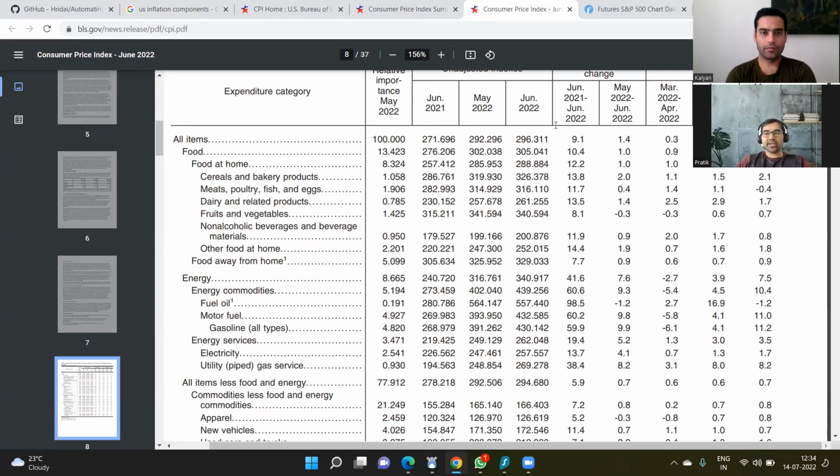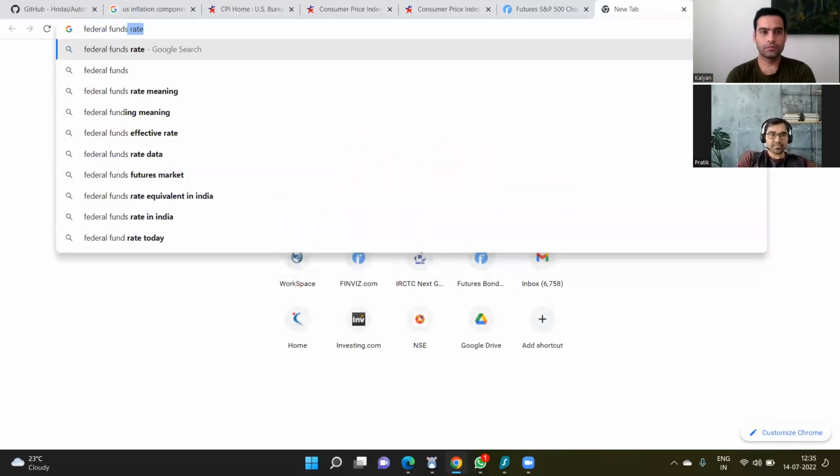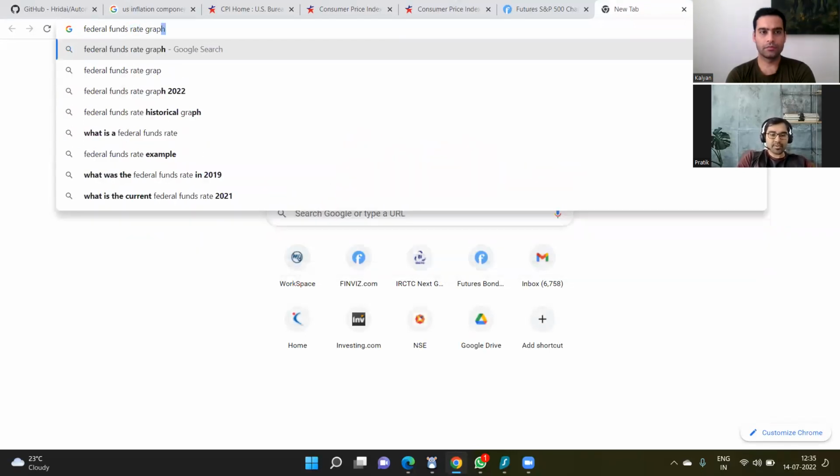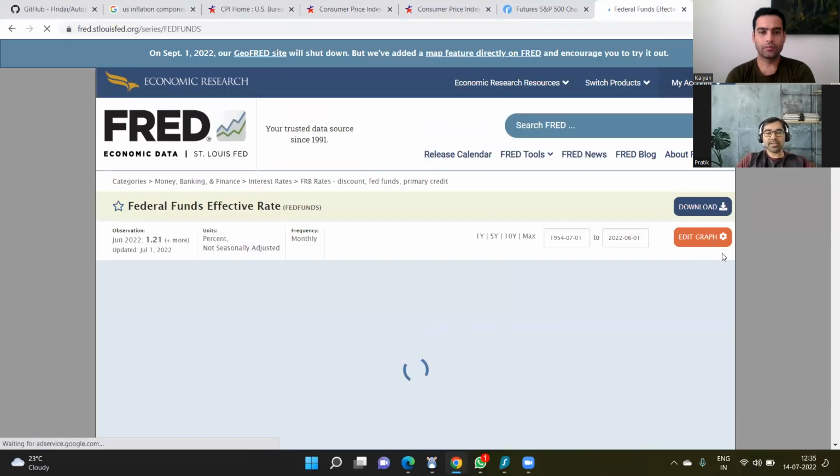Now, there are a lot of implications of rising rates, because if you look at the last 10 years, we had very stable rates. Rates were either at 0% or between 1% to 2%, right? The federal funds rate, if I just show you, has always been on a slow trend.